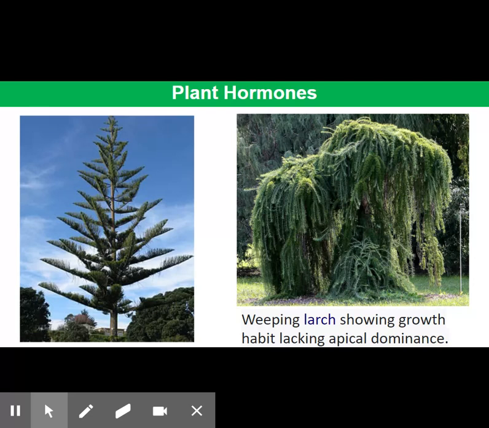Auxin's constantly being made by cells at the tip of the shoot. It's then transported down from cell to cell. The auxin accumulates in the nodes beside the lateral buds, and somehow its presence inhibits their activity. Exactly how that occurs is not quite known, but there have been a series of experiments that help us understand.